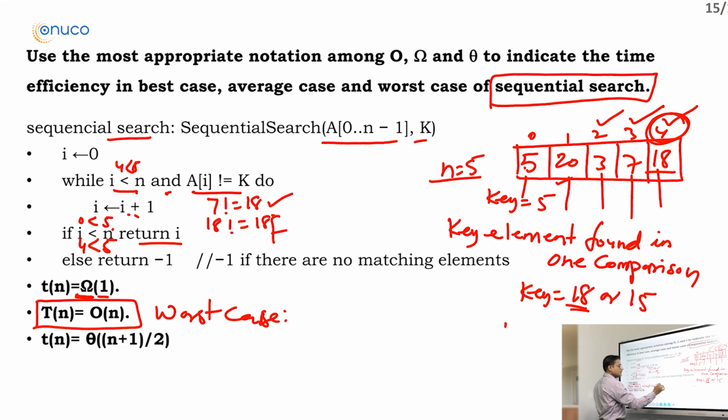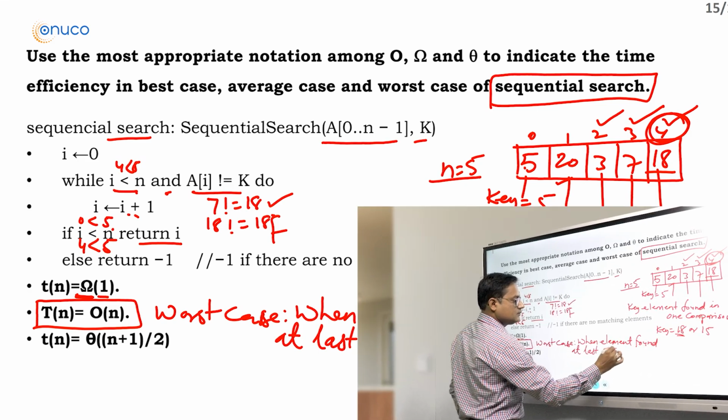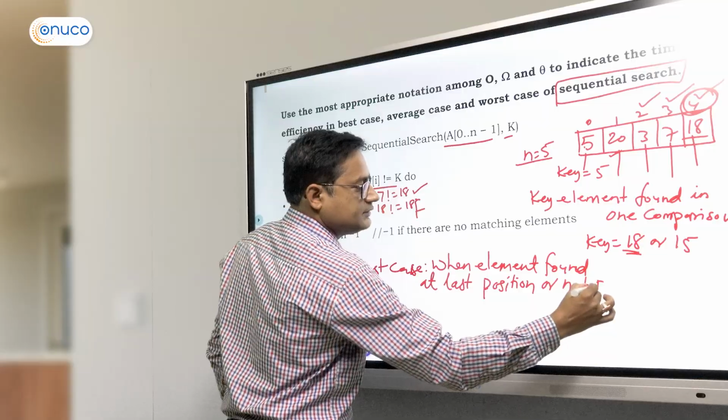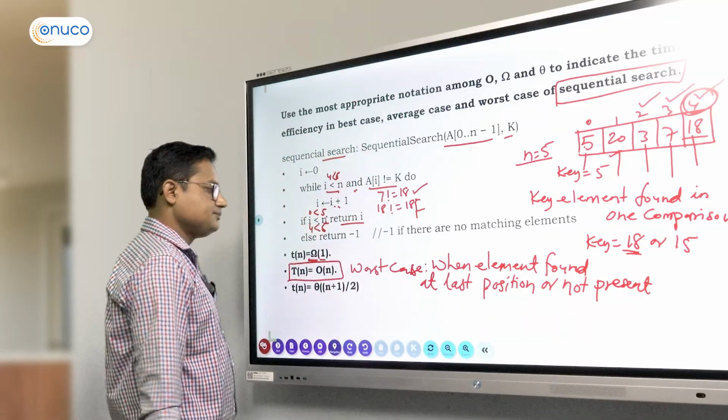Worst case scenario: when the element is found at the last position or not present in the given list.